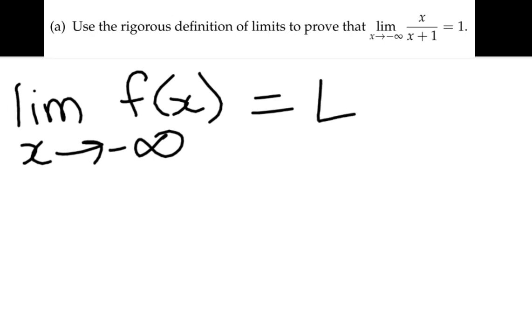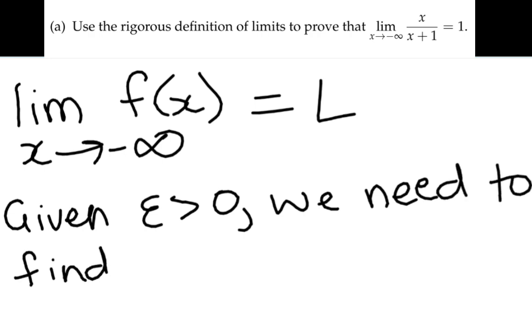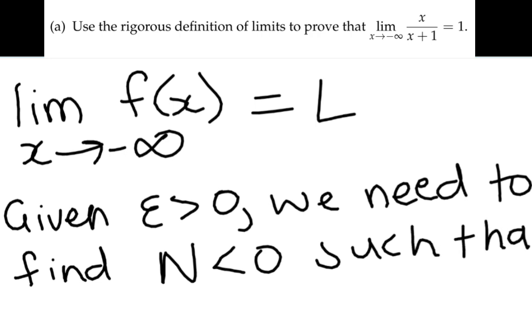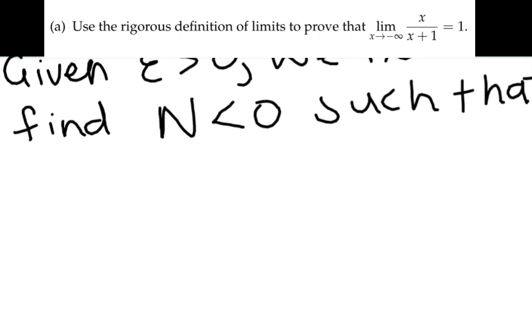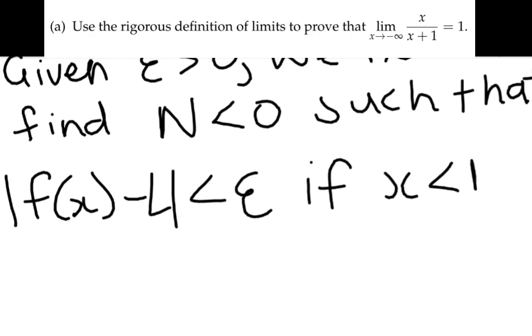When it is given this way, we can use the statement, given that we have epsilon that is greater than 0, we are going to need to find n which is less than 0, such that the absolute value of the function minus its limit will be less than epsilon if x is less than n.